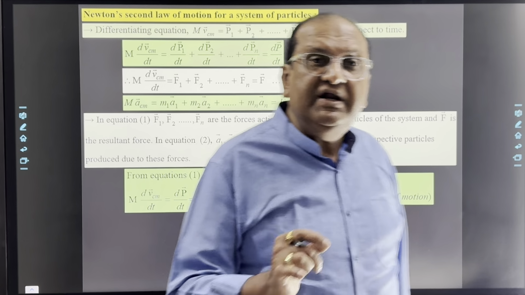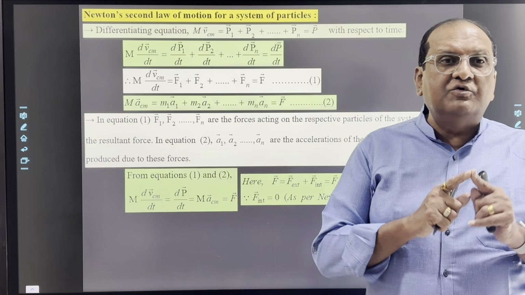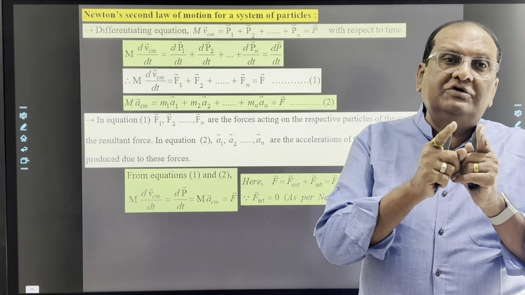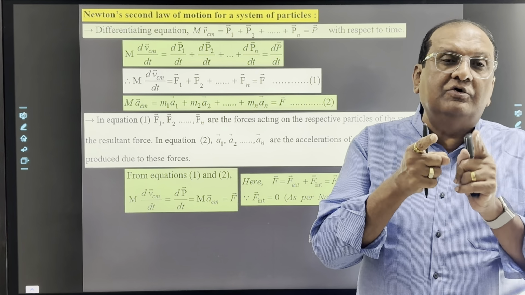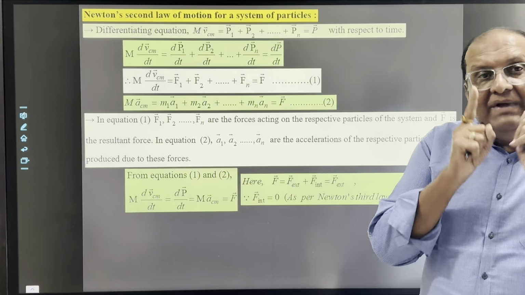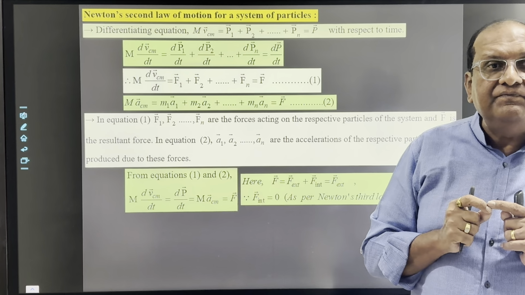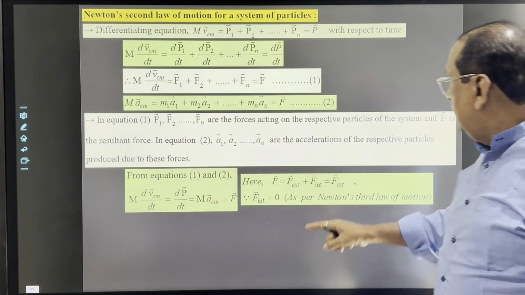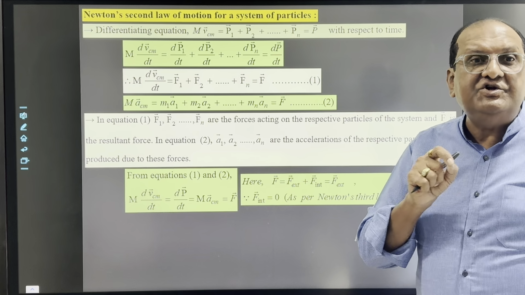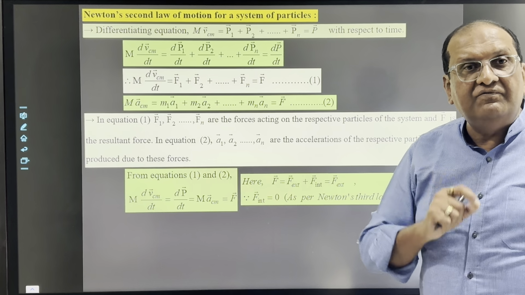But as per Newton's third law of motion, if we think about the forces between a pair of particles, then force on particle 1 by 2 and force on 2 by 1, both these forces are equal in magnitude but opposite in direction. So vector summation will be 0. So in this manner, the resultant internal force between the constituent particles will be equal to 0 as per Newton's third law of motion.